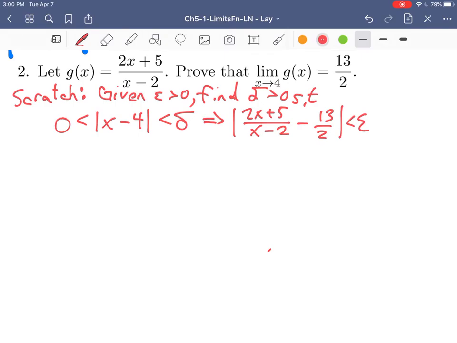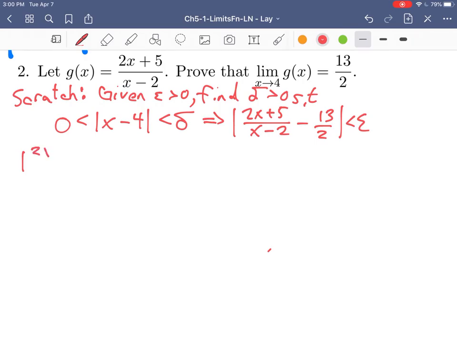Right? So we don't have that yet. We're going to try to come up with a choice of delta that will ensure that to be the case, no matter the choice of epsilon. And so we are going to play around with this stuff here.